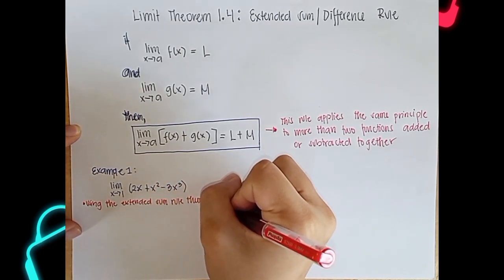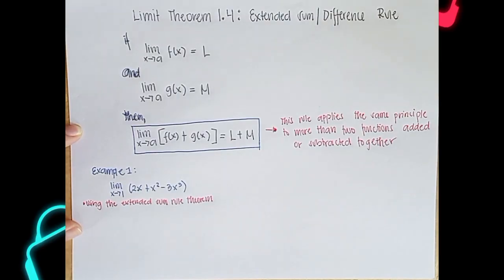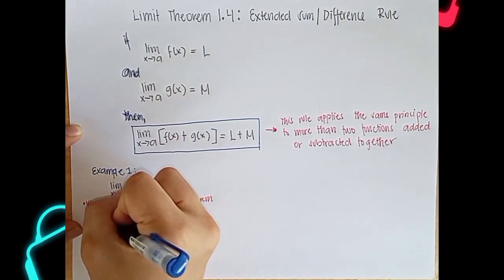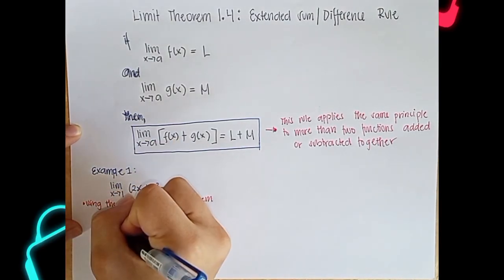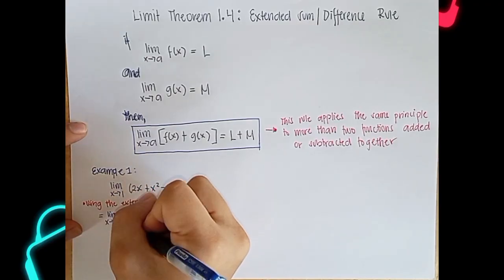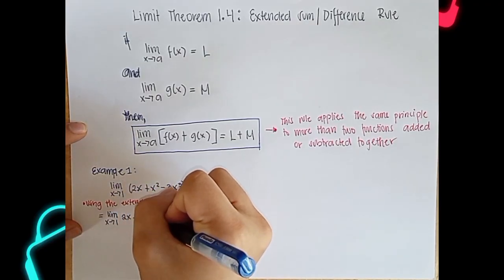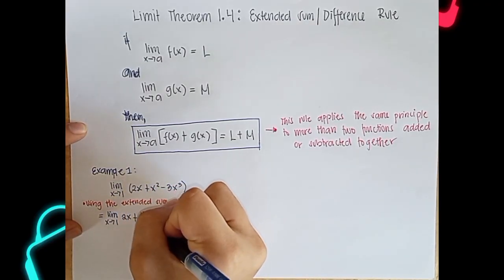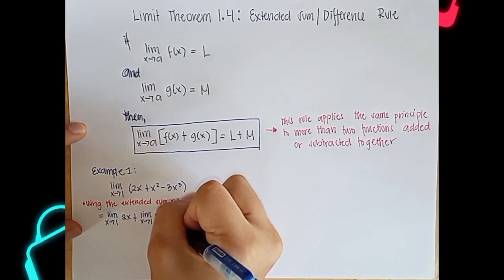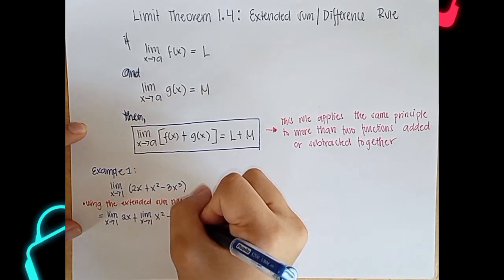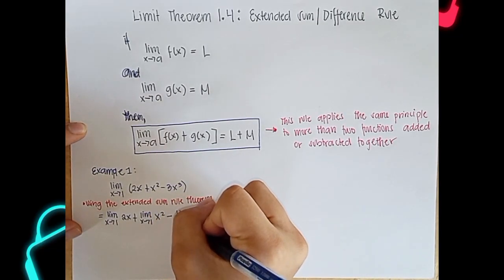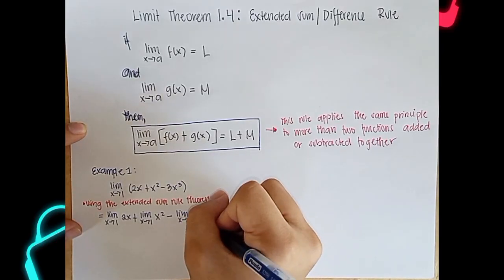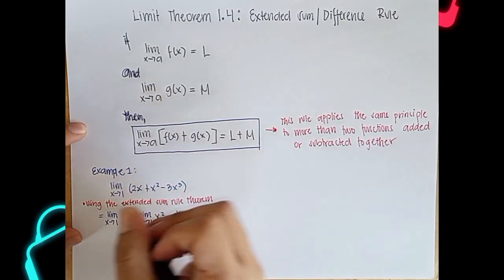So using the extended sum rule theorem, we can turn this into smaller, manageable expressions. Applying the limit as x approaches 1 of 2x, plus the limit as x approaches 1 of x squared, minus the limit as x approaches 1 of 3x cubed.